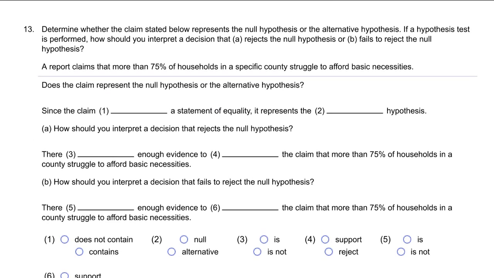Determine whether the claim below represents the null or alternative. A report claims that more than 75% of households, and so on. So P more than 0.75, that's what it's saying.